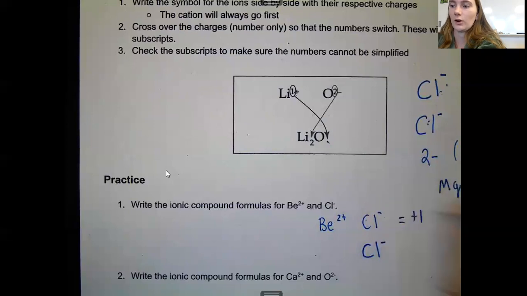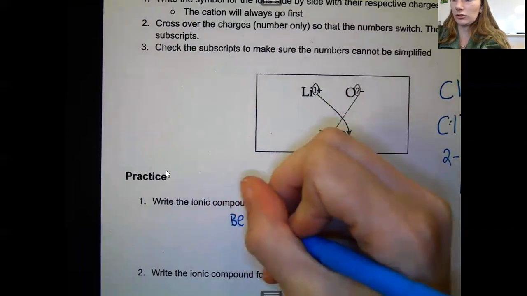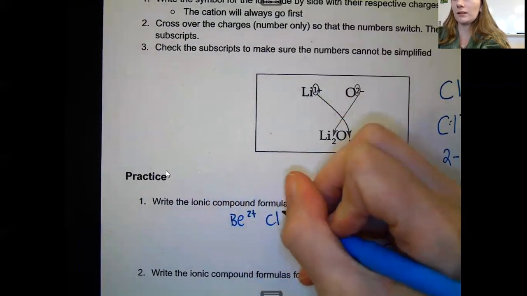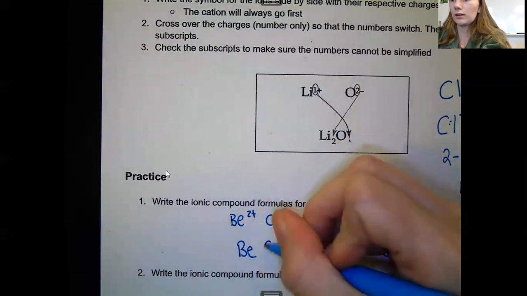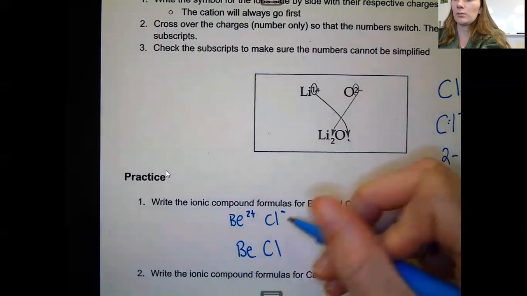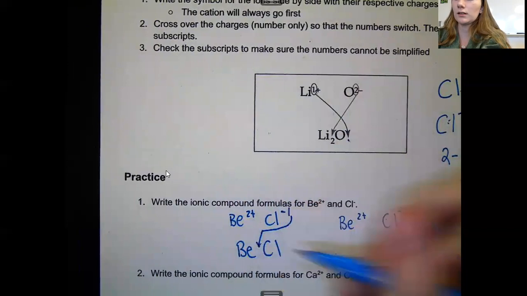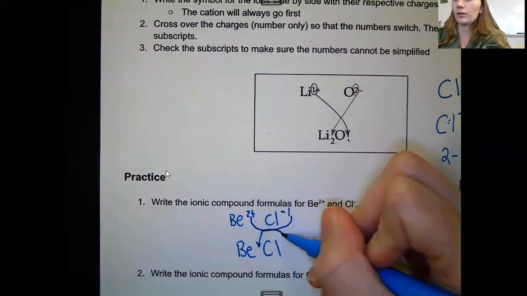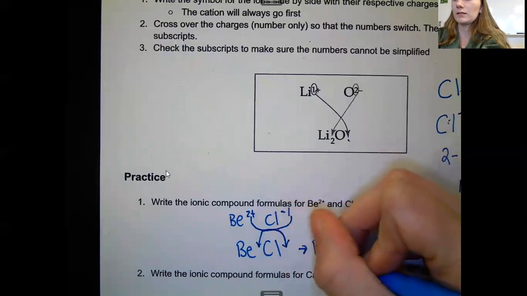If I have a 2 plus and then 2 Cl, then it ends up being neutral. So if we have Be2+ and Cl-, I'm going to copy it down like this, and then I'll take the numbers and cross them. This one goes here, and this one is crossed over to this side. So we end up with BeCl2.